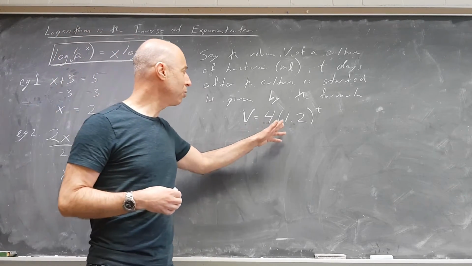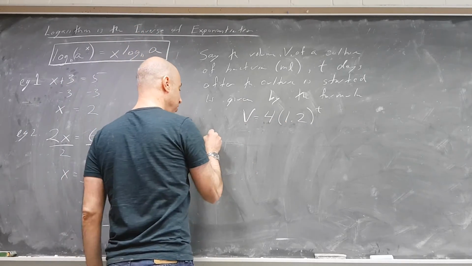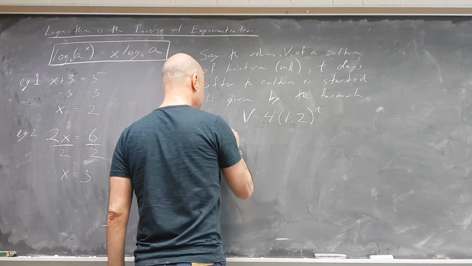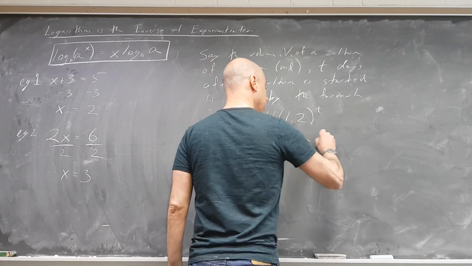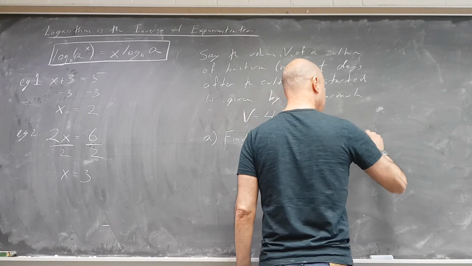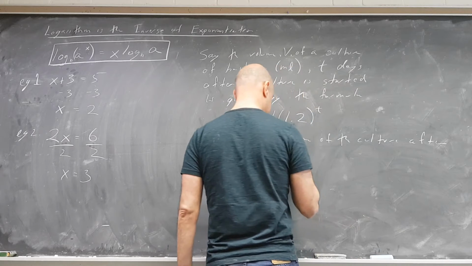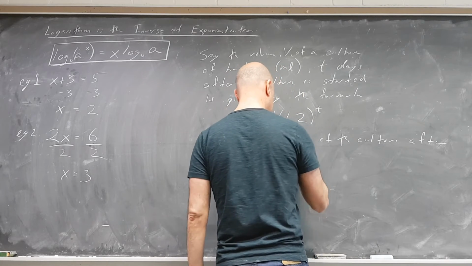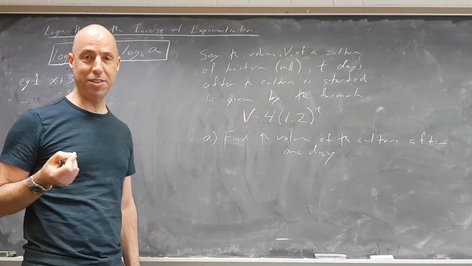Now, there are a few problems we could easily do without using logarithm. So say, find the volume of the culture after 1 day. There's really nothing to this problem.